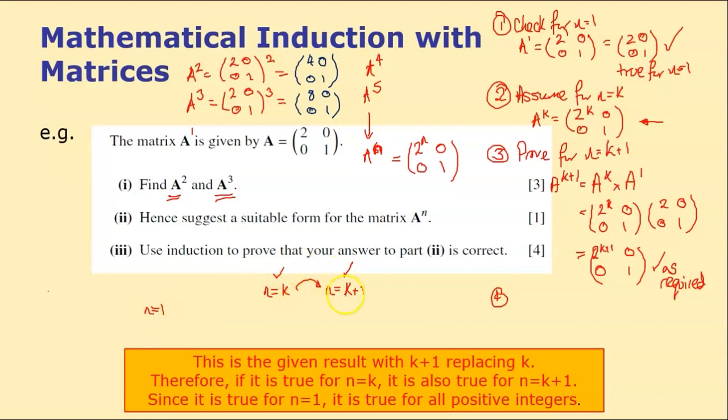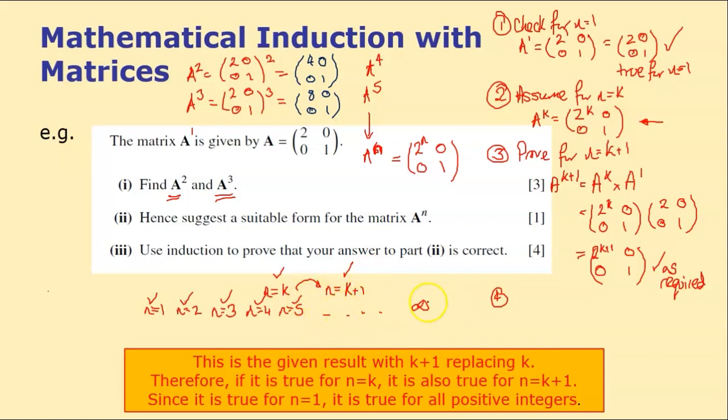So that means by this rule, it's true for n equals 2. So we know that. Oh, hang on a bit. If it's true for n equals 2, it's true for n equals 3. Oh, hang on a minute. If it's true for n equals 3, it must be true for n equals 4. And you just keep on going on this logic. And basically, you end up at infinity very quickly, because this rule says it will always work for one more than the one you're on now.